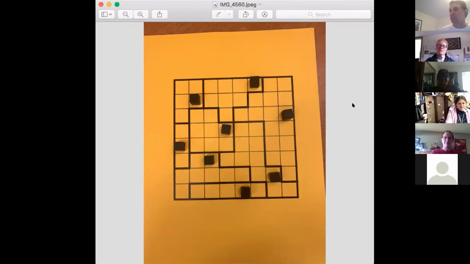Now this is a puzzle I brought to some students during my last visit to the Navajo Nation. I can't quite remember what school I was at. I visited a few last March. So what I did was I printed out a star puzzle on cardstock, and I gave the students some centimeter cubes to place on the puzzle to attempt to solve it.